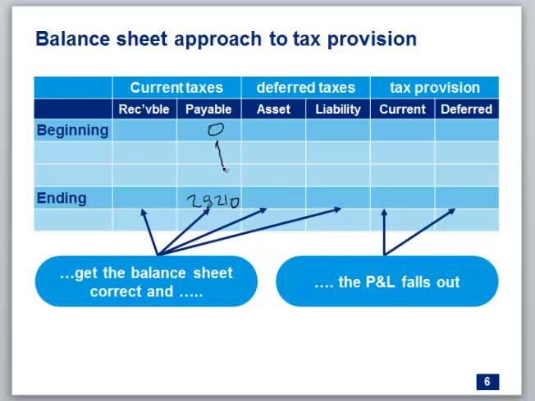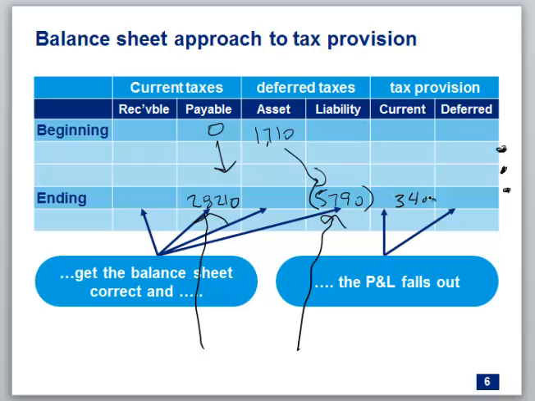We started with 0, and you ought to be able to tell the story of how we get from that to 28,210. And then we started here with 1710 of an asset, and we went to 5790 of a liability, right? And we want to prove that number's right, and that number's right. And if we do every row in an entry that balances, the expense that will fall out, the 34,000, it will work perfect.